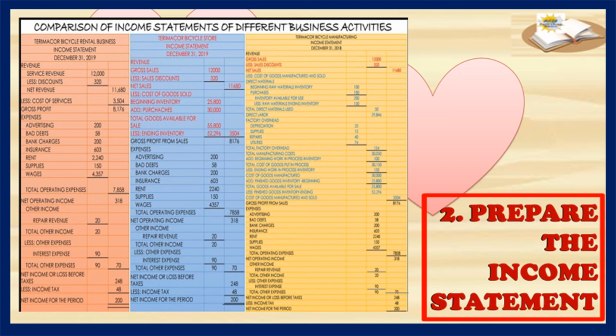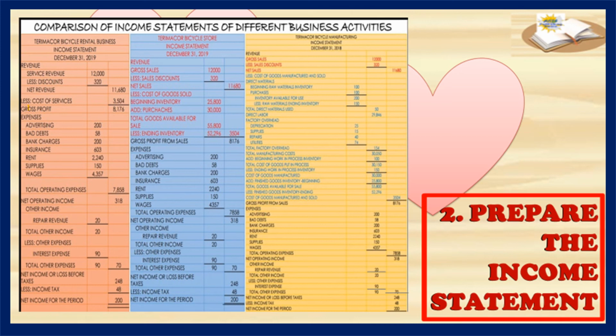Here, we illustrate a simple income statement because the nature of the business is service business. So when the activity is less complex, the income statement is less complex too. So it is service activity only.